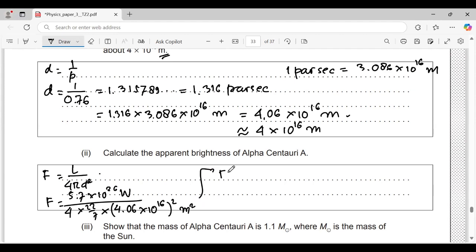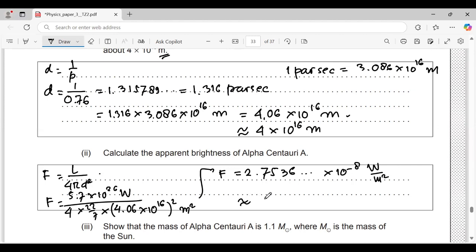If you calculate this, the result is 2.7536 times 10 power minus 8 watts per meter squared.